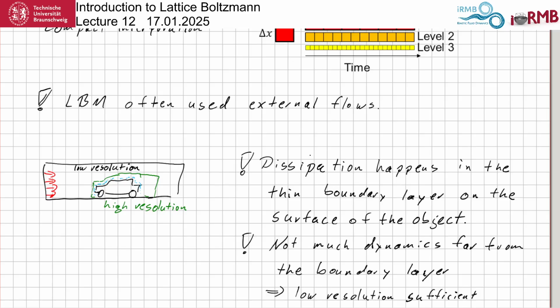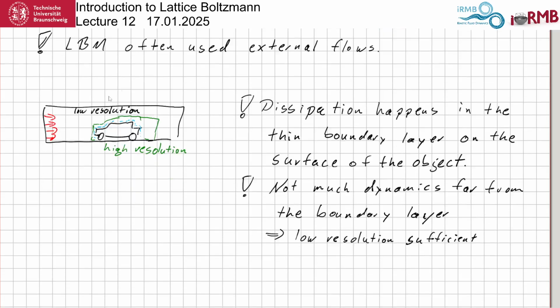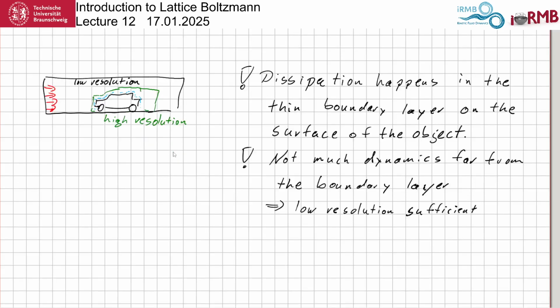Okay, so for this reason, and in particular here, starting with the study of drag coefficients of cars, there was grid refinement, and the first grid refinement that was used in Lattice Boltzmann, there's actually a patent on this, which is so old that I believe it's already run out.